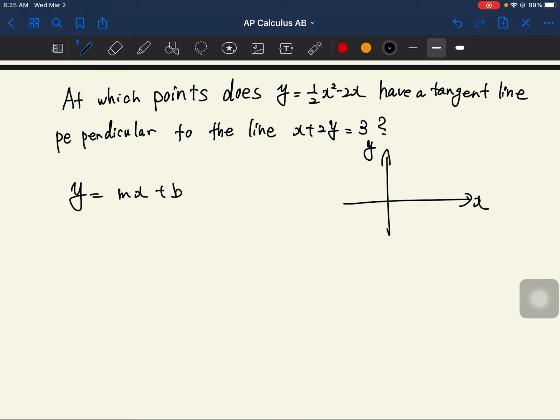So perpendicular means, if you have a function here, for example, with slope m, and let's write the perpendicular line to this function, and say the slope of this perpendicular function is m prime, you have the formula m times m prime is -1.